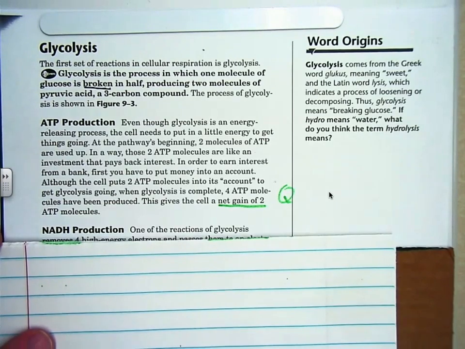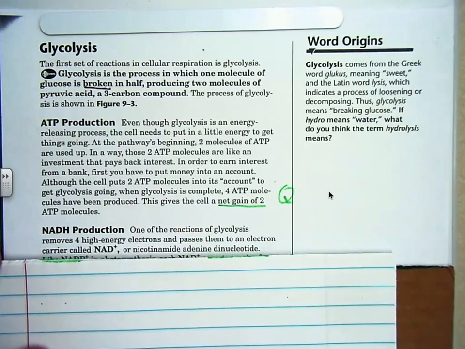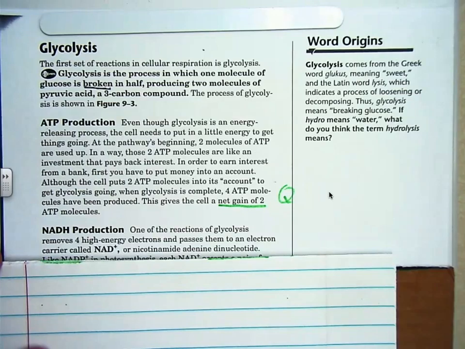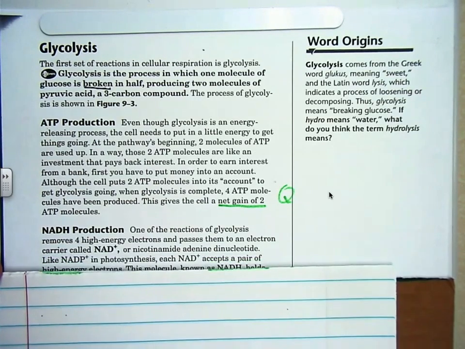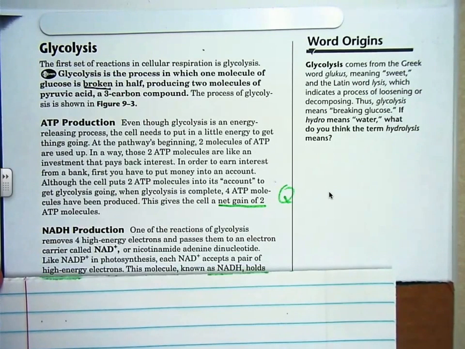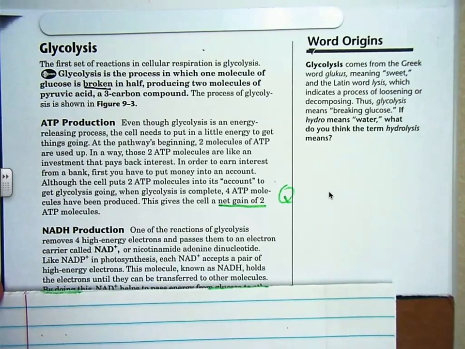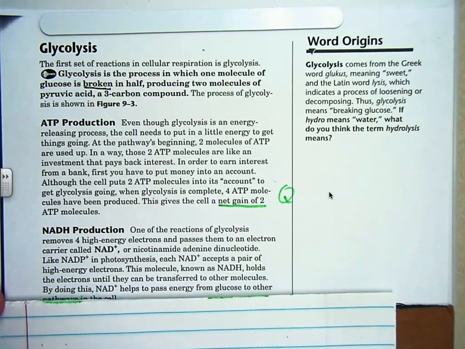NADH production. One of the reactions of glycolysis removes 4 high-energy electrons and passes them to an electron carrier called NAD+, or nicotinamide adenine dinucleotide. Like NADP+ in photosynthesis, each NAD+ accepts a pair of high-energy electrons. This molecule, known as NADH, holds the electrons until they can be transferred to other molecules.